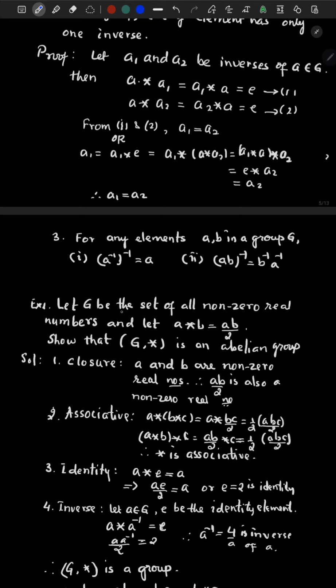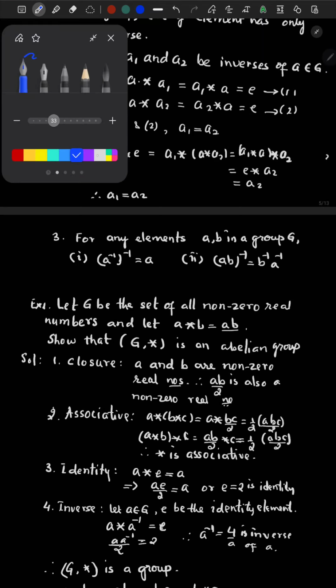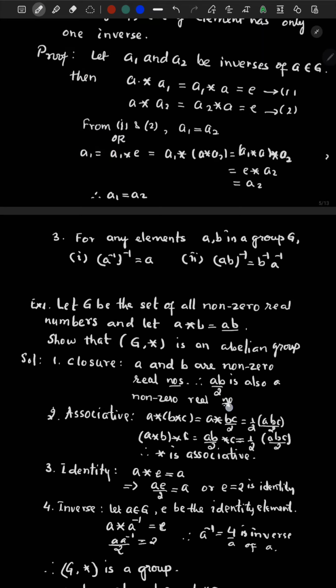Let G be the set of non-zero real numbers, and let A star B be defined as A into B divided by 2. So we have to check whether it is an Abelian group.